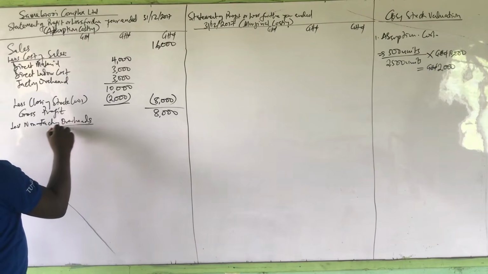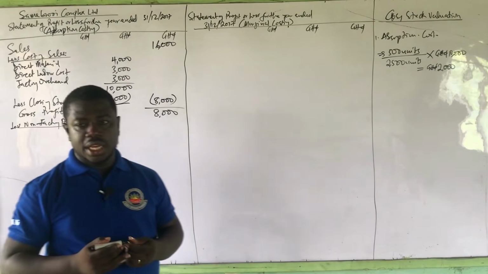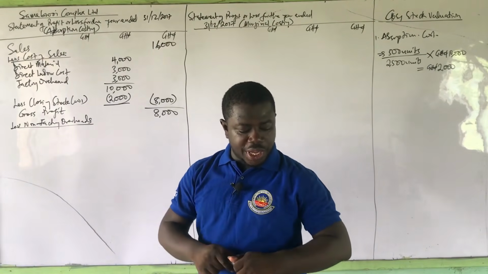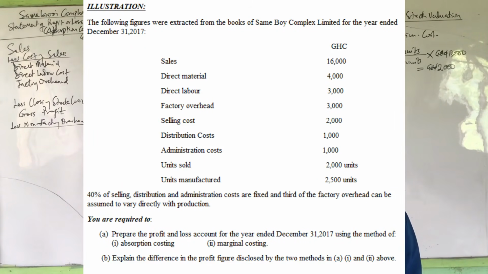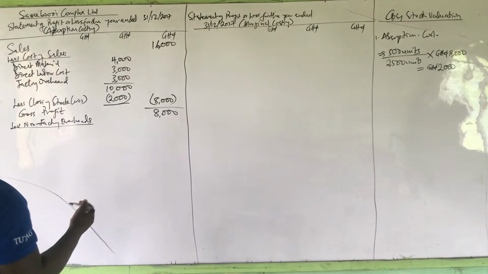And in this question, the non-factory overheads are the selling cost and the distribution cost and those ones. So we have the selling cost to be 2,000 Ghana cedis, distribution cost to be 1,000 Ghana cedis, and administration cost to be 1,000 Ghana cedis. So those are three expenses or non-factory overheads.